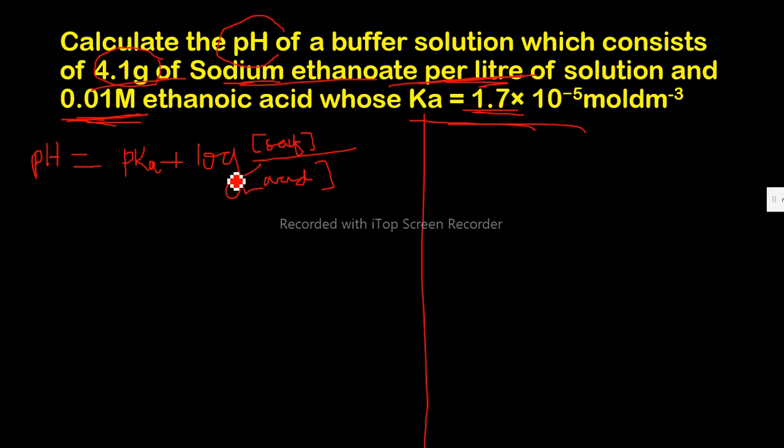So let's see. Our concentration of the salt, because it is what we need only, and we chill. We shall need the RFM of sodium ethanoate, which is simply CH3COONa, whereby sodium is 23.